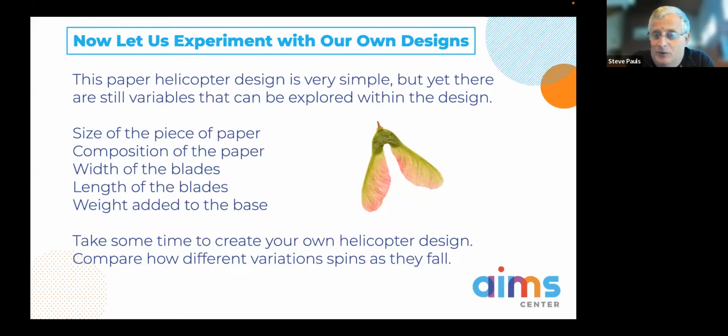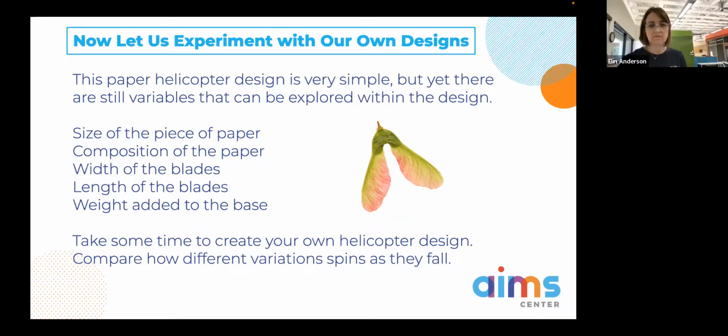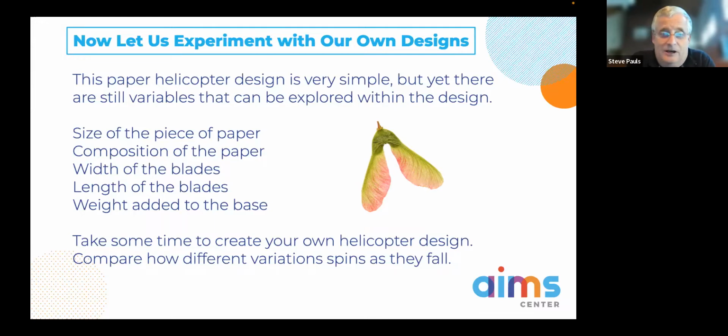It's a very simple design for this particular helicopter, but there still are variables that can be explored within that design. So what about size? What if you drastically change the size of your helicopter or your piece of paper? What about the composition of paper? What if it's made out of wax paper or index card versus a sheet of paper versus tissue paper versus origami?